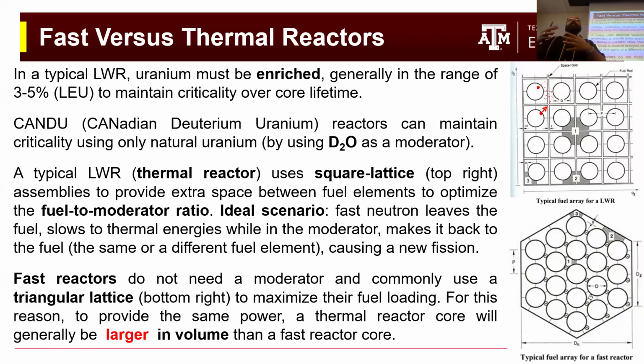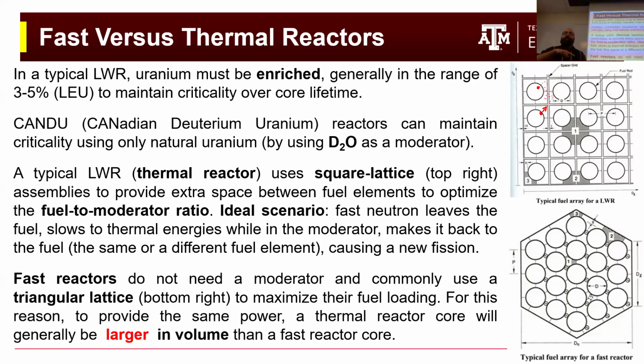So we keep our fuel more spaced out in a thermal reactor to allow for the neutrons to moderate before they go back into the fuel. That means the fuel to moderator ratio is really important for a thermal reactor, because if you have all fuel, then you don't get moderation, and you don't cause more thermal fissions. But also, if you have only moderator, then you have no fuel.